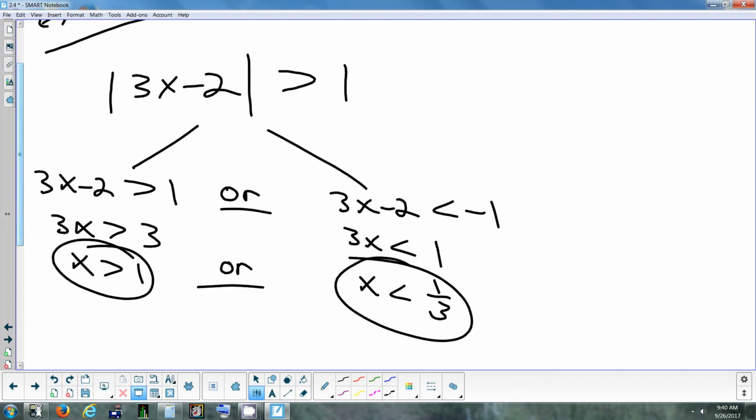So x either has to be greater than 1 or less than 1/3. So it almost covers the whole number line, but not quite. For example, 0.5 would not be a solution. 0.5 is not bigger than 1, and it's also not less than 1/3.